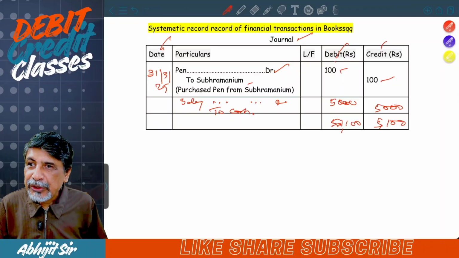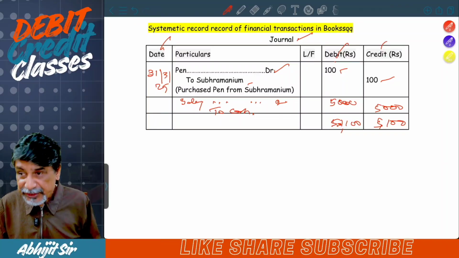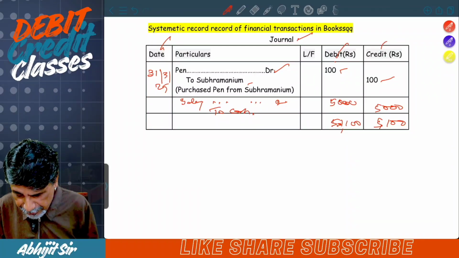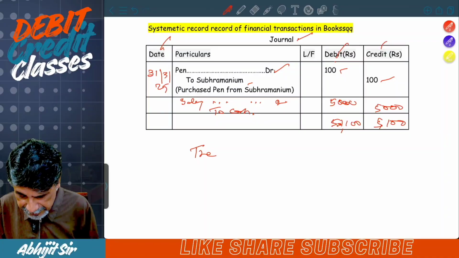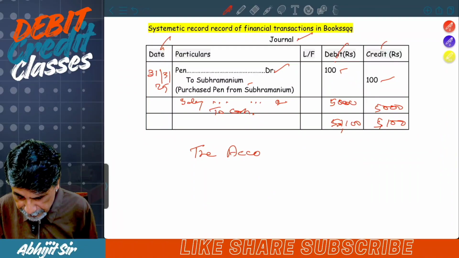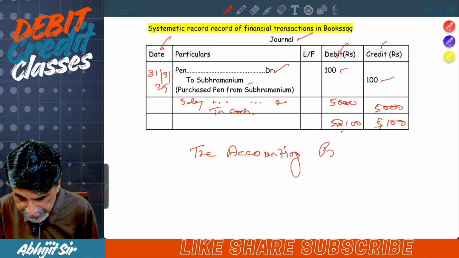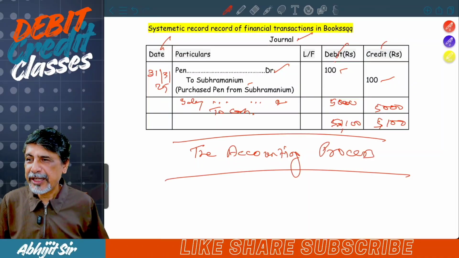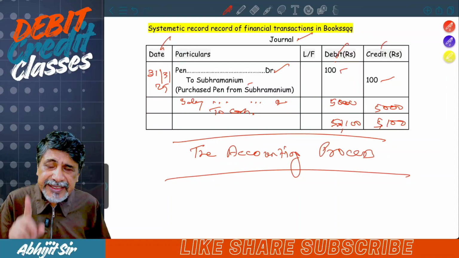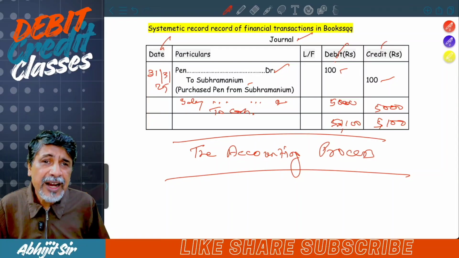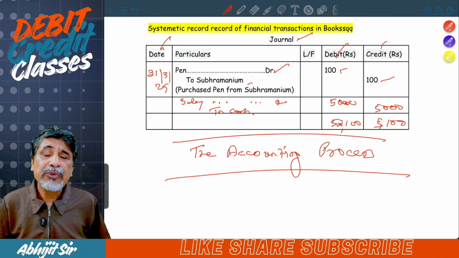Understand? So the whole process is called, you should remember it, the accounting process. So now you understand what the accounting process is. If someone asks you what the accounting process is, what do you say?